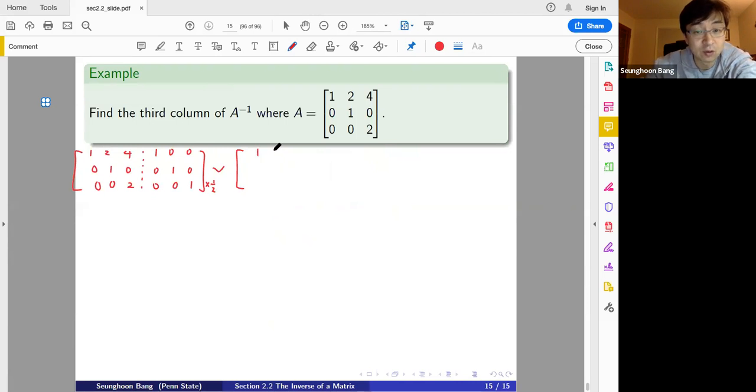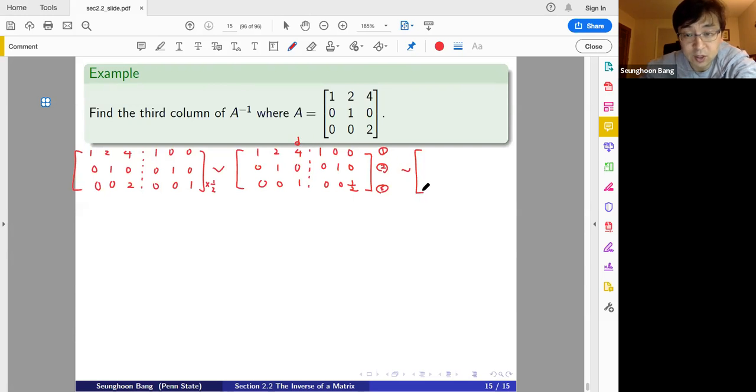We have 1, 2, 4, 1, 0, 0, 0, 1, 0, 0, 1, 0, 0, 0, 1, 0, 0, 1 half. This is the first row, second row, third row. How can I eliminate this four? You have to keep 0, 0, 1, 0, 0, 1 over 2, and keep the second row 0, 1, 0, 0, 1, 0.